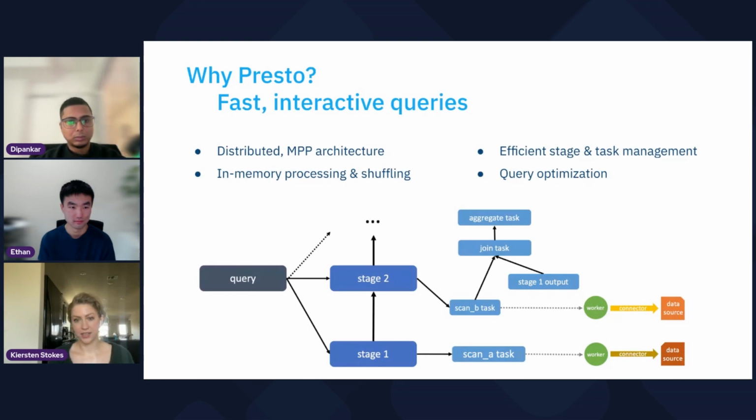Now, part of this logical tree also includes several built-in query optimizations that Presto does. This might include some rule-based optimizations like predicate pushdown, and some cost-based optimizations like join reordering, anything that it can do to make the query as efficient as possible.